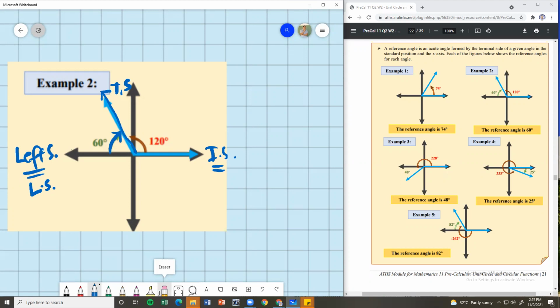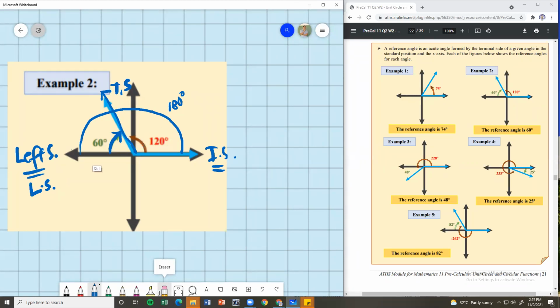But in here, your direction for the reference angle is not important. It's always positive. Okay? Please take note of that. So since the whole measurement of the semicircle is 180 degrees, if this is 120, the remaining side, your reference angle, will be 60 degrees.